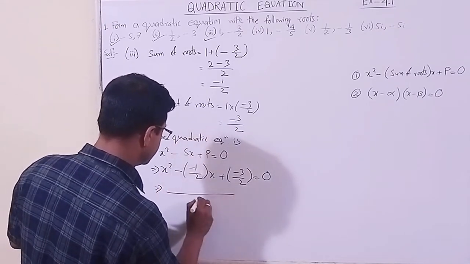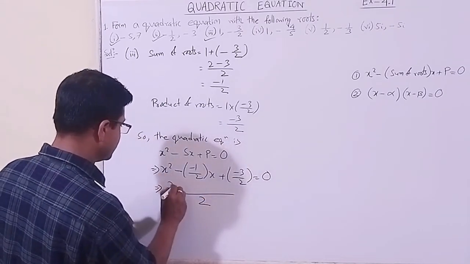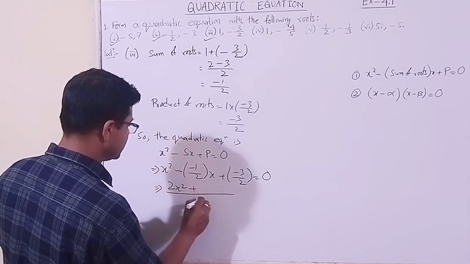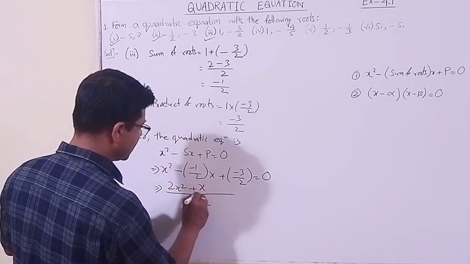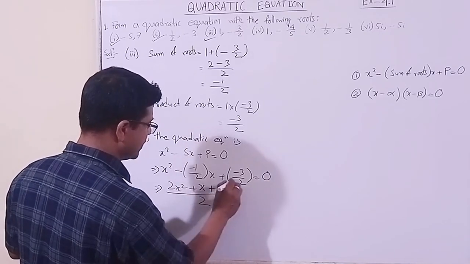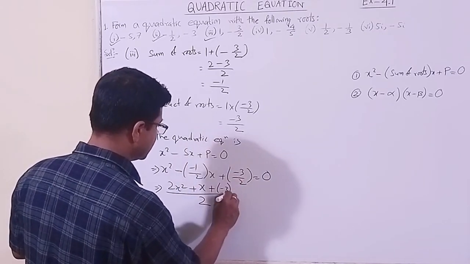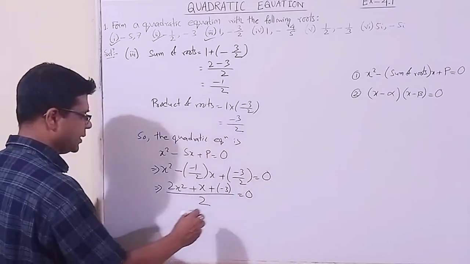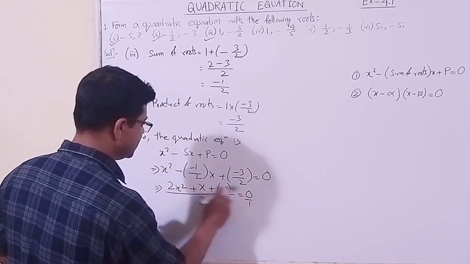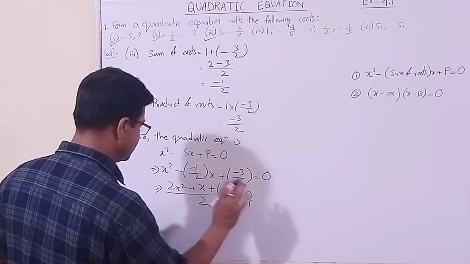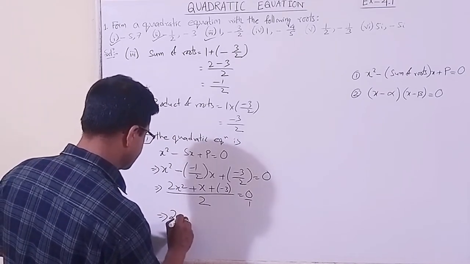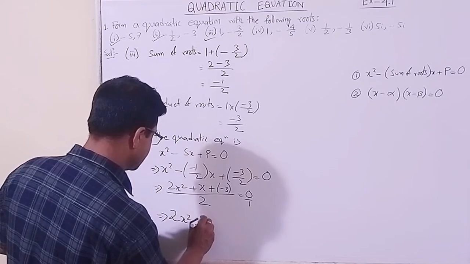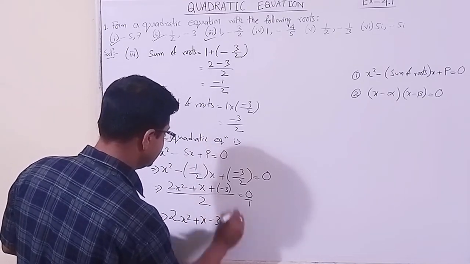Let us take the LCM, which is 2. So 2x square plus x minus 3 is equal to 0. Cross multiply, 0 into 2 is 0. So the quadratic equation becomes 2x square plus x minus 3 is equal to 0.